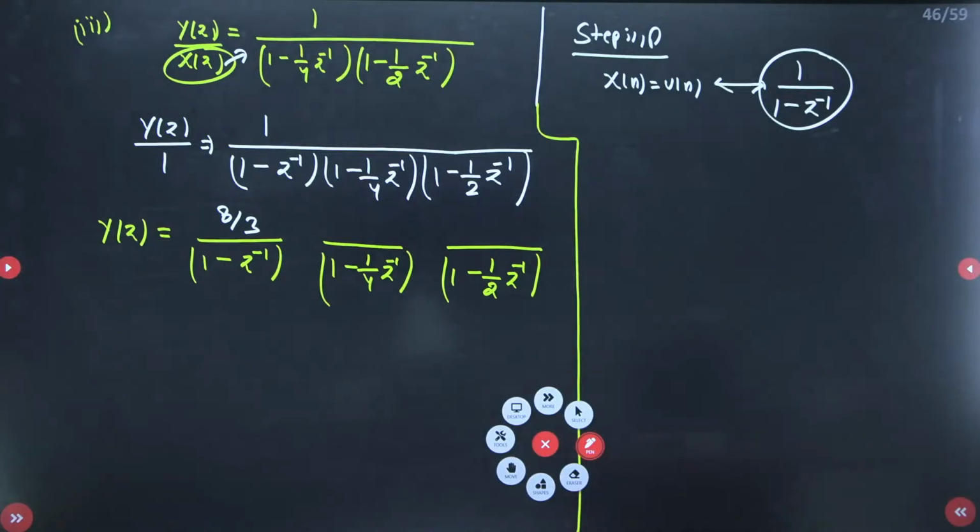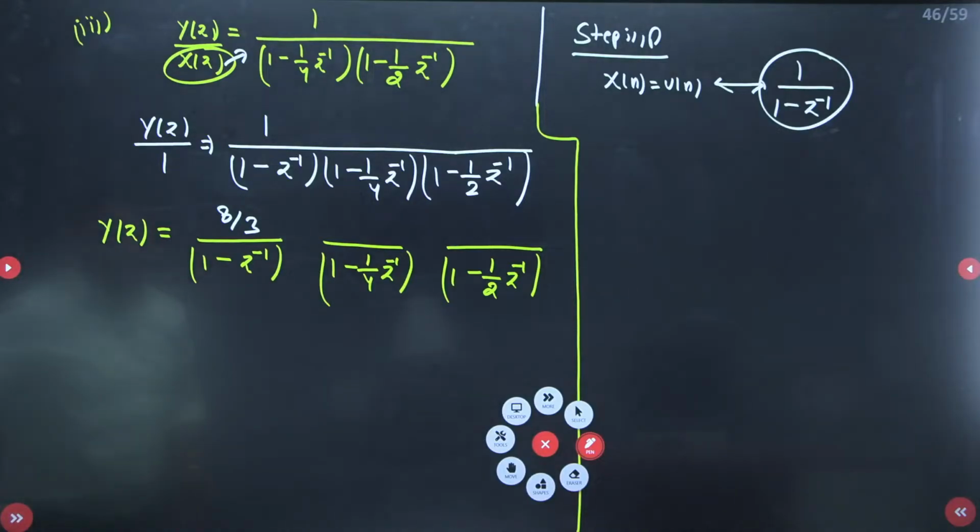Reply fast. Someone says 1/3 and minus 1.